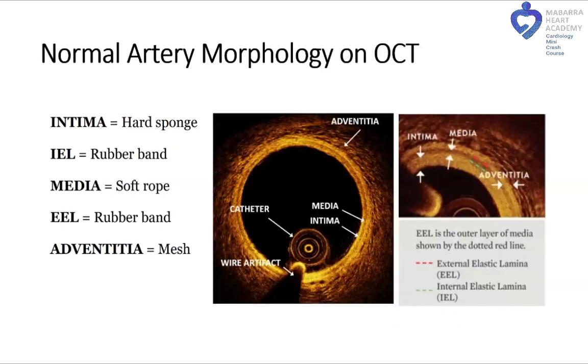And this is what it looks like on the OCT. You can see the innermost layer is the intima, and then you can see a dark band, which is the media, and the outer layer is the adventitia. The outer part of the dark band, or the media, is called the external elastic lamina, or EEL. And this is very important when it comes to sizing your stent.